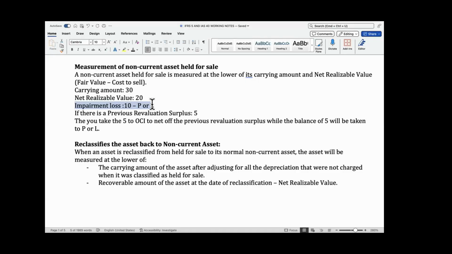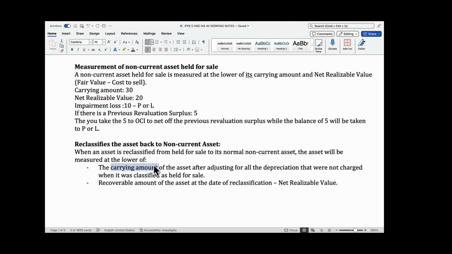However, when you now want to reclassify the asset back to a non-current asset, the message here is that when you want to measure, you are going to compare the carrying amount of the assets, then adjust for all the depreciation that you did not charge.